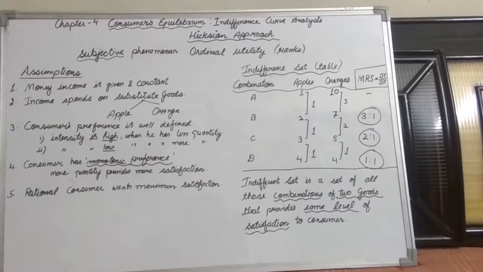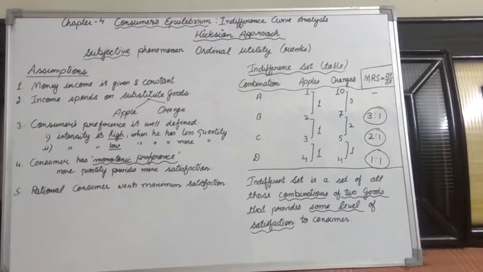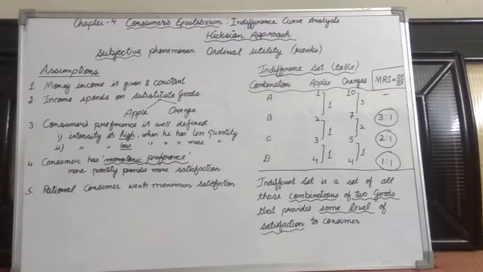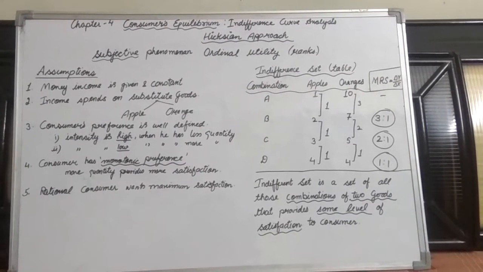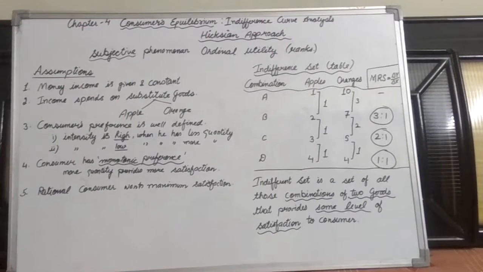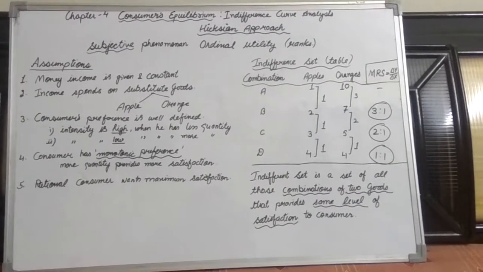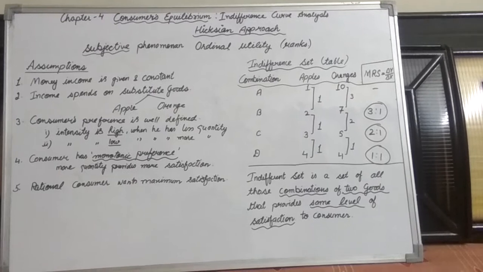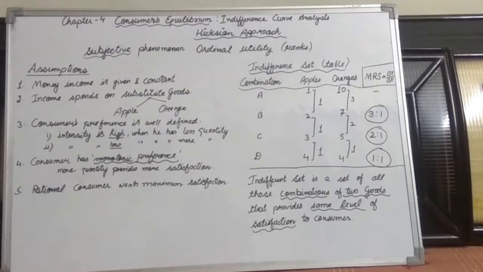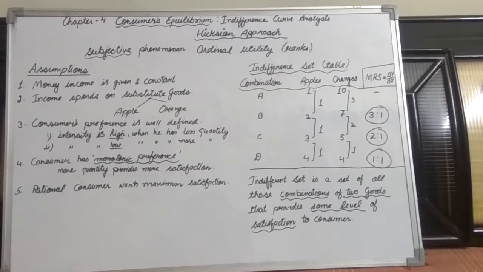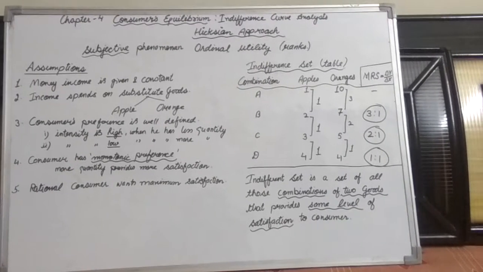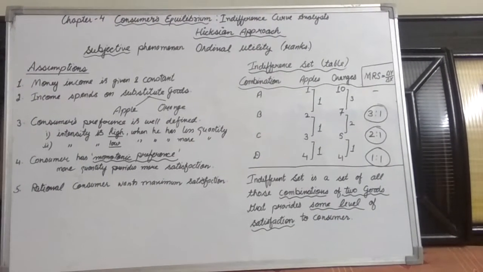At the third level, the MRS ratio is 2:1 because at this level, the consumer has sacrificed only 2 units of oranges to get 1 more unit of apple. At the fourth combination, this ratio becomes 1:1, just because the consumer has substituted 1 orange for 1 apple.